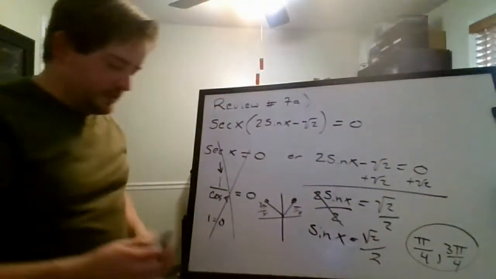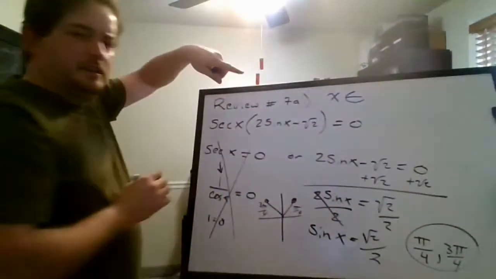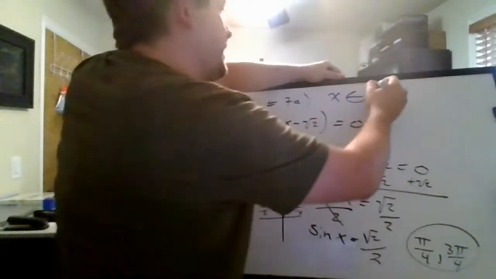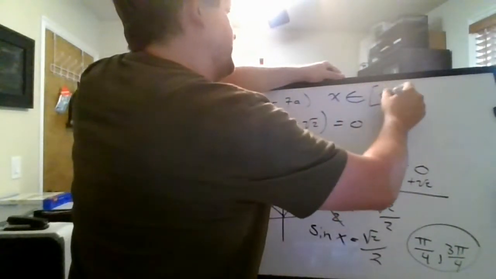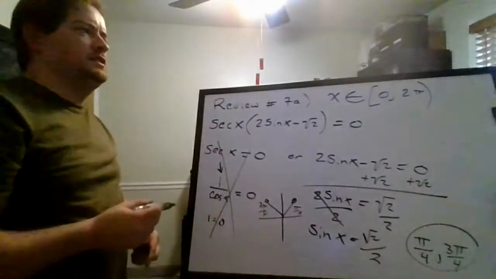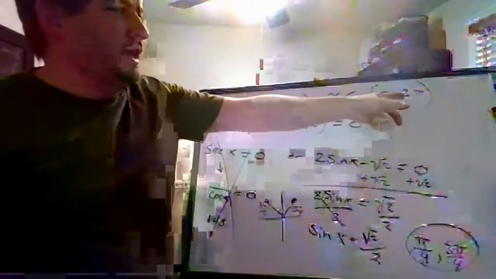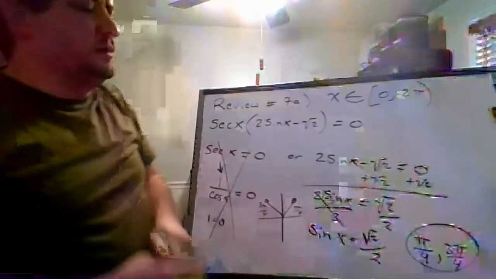That's my answer, because in the question it also says that this x, it uses this funky looking e, that means it's an element of, and then it gives us the numbers between 0 to 2 pi. Right? We haven't used this notation very much in our course, but this does mean I only want the x values between 0 and 2 pi, including 0, not including 2 pi.